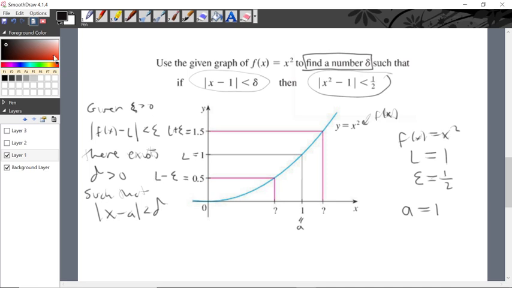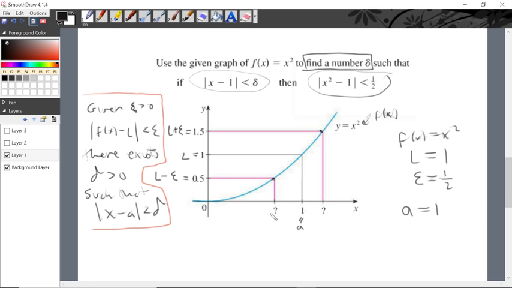I'll box our definition over here to kind of separate it a bit. 1 plus 1/2 would be 1.5. Now we trace the lower and upper bound here on this y interval. We trace it back to the graph, and we find there are 2 points of intersection, and each of those points have an x value associated with them. We have an x value to the left of 1 and an x value to the right of 1.